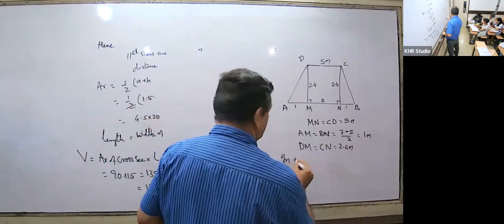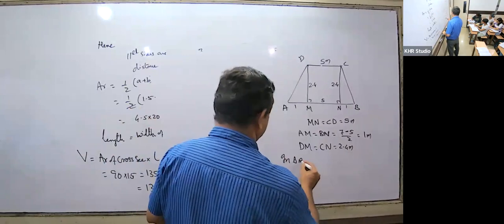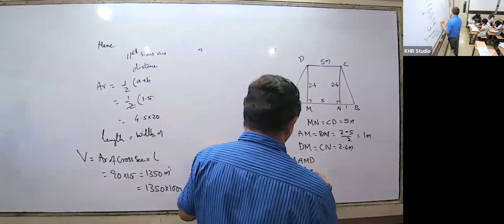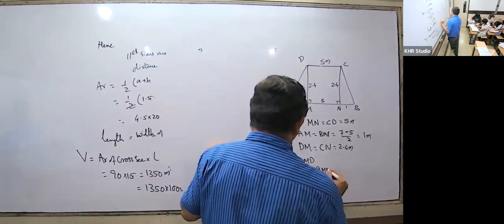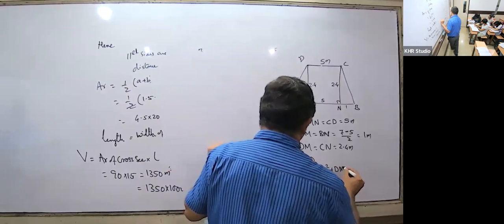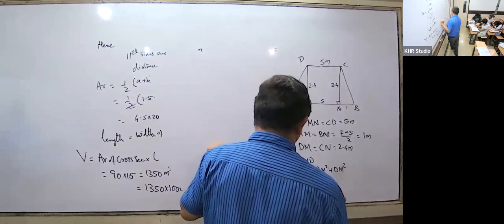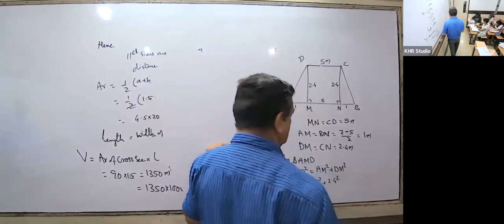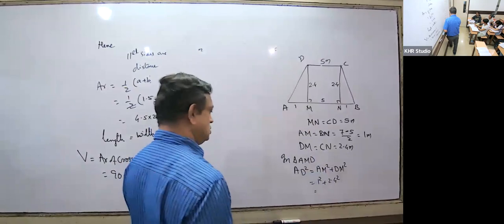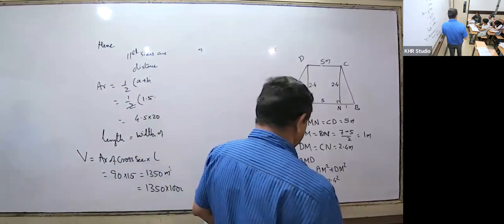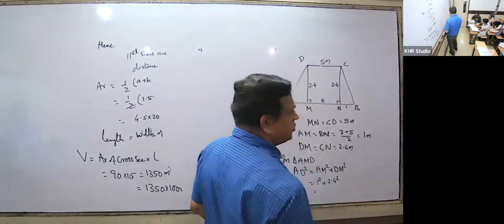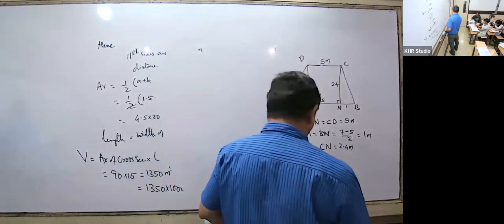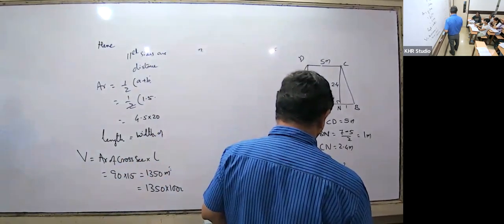In triangle AMD, we apply the Pythagoras theorem. AD square is equal to AM square plus DM square, which is 1 square plus 2.4 square. 24 square, you know, is 576, so 5.76. 1 plus 5.76 is 6.76. Do you know the square root of 6.76?